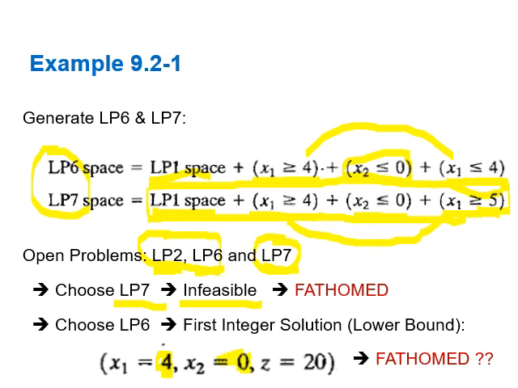This solution is feasible and an integer solution, and its objective function value is 20. Now we need to make a decision. Can we fathom? Since all decision variables are integers, yes, we can fathom. The reason for fathoming is fathom by optimality.